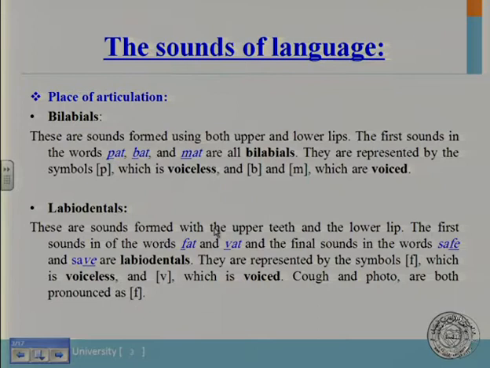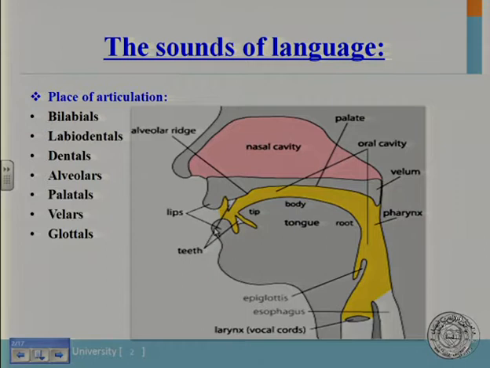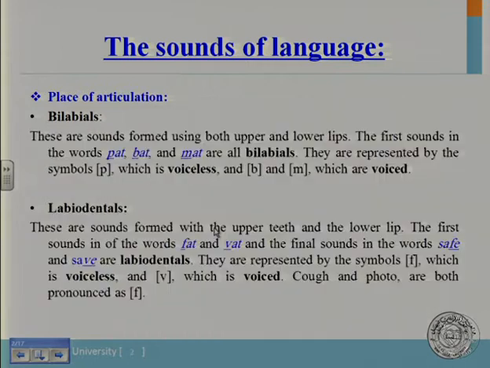And then we move to labiodentals. These sounds are formed with the upper teeth and the lower lip. As we can see here, this is the passive, the upper teeth, and the lower lip. And the first sounds in words like f, you can feel that the upper teeth touch the lower lip, as in f.